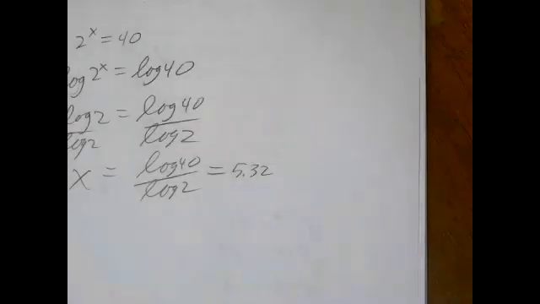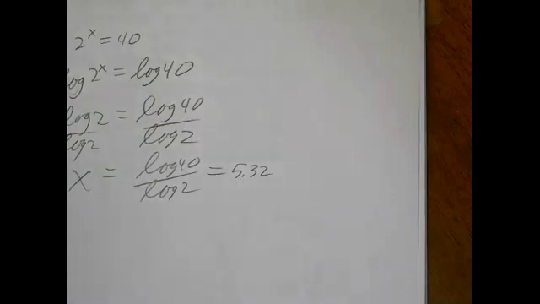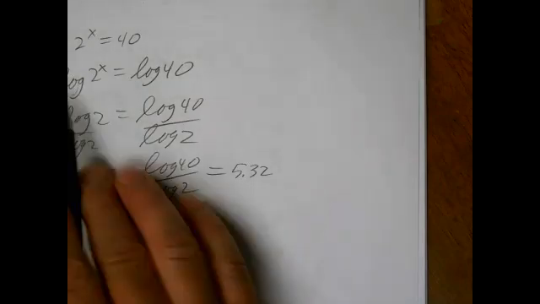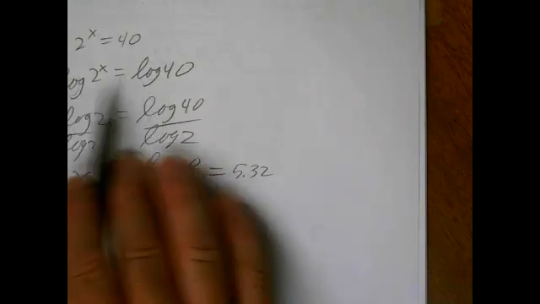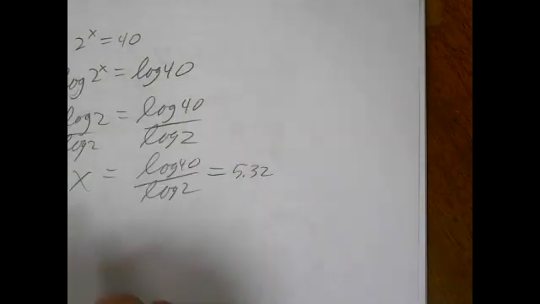Now, with that type of problem, you have to bear in mind that on occasion some logs are better than others to use. I used base 10 here because in this problem it didn't matter which base you used. In other problems, there are definitely bases that are better than others.